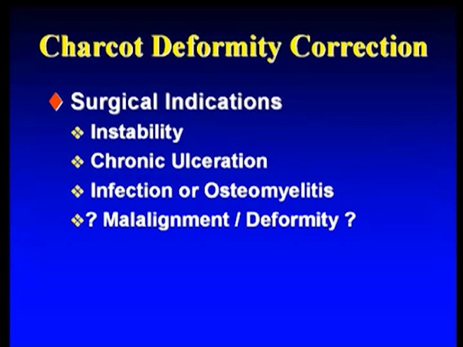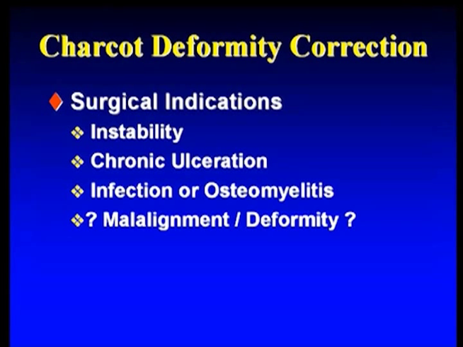The last, which is what I call the crystal ball, which is sometimes difficult to identify whether or not to surgically intervene, is when you have some malalignment or deformity of the foot, but there's no ulceration currently.